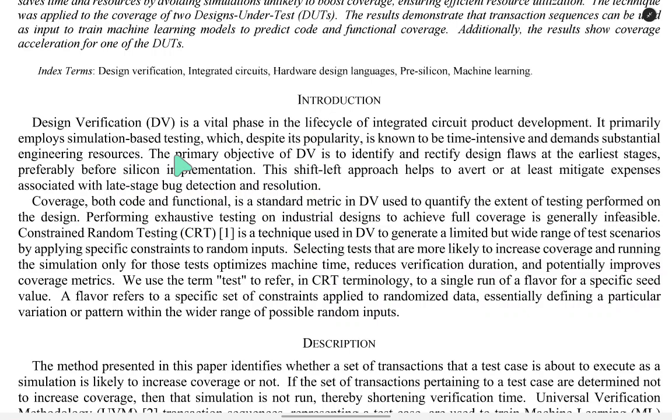The primary objective of DV is to identify and rectify design flaws at the earliest stages, preferably before the silicon implementation. This shift-left approach helps to avert or at least mitigate the expenses associated with late-stage detection and resolution.